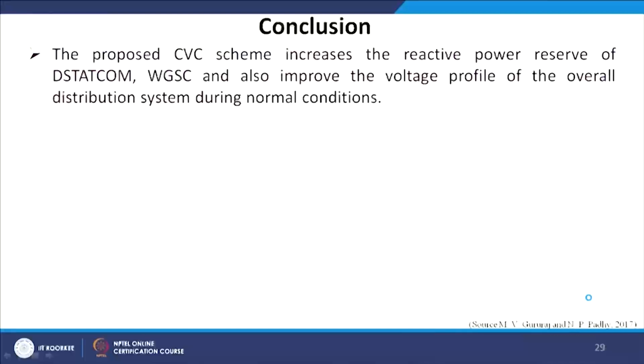And to conclude, what we wish to highlight is that the proposed CBC, coordinated voltage control scheme, increases the reactive power reserve of the D-STATCOM as well as WGSC, and also improves the voltage profile of the overall distribution system during normal conditions.